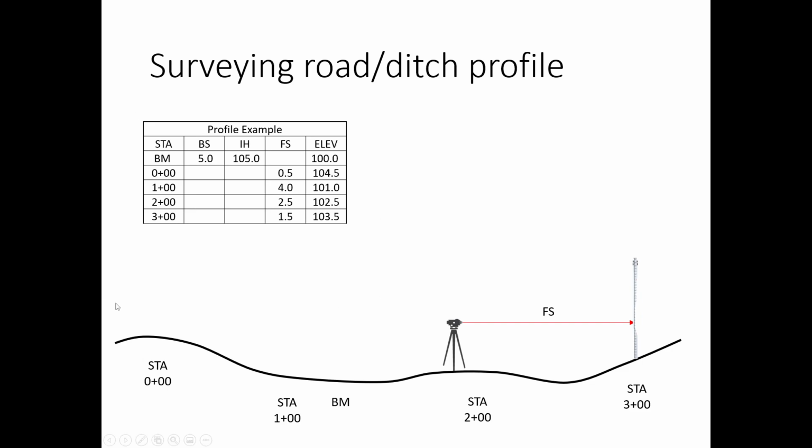And that's basically it for shooting a profile. Again, if you're having to change instrument positions and things like that, then you'll need to go back to that differential leveling exercise and establishing turning points and other things like that. But if you have a clear field of view, everything basically is a foresight, and we're just establishing elevations.